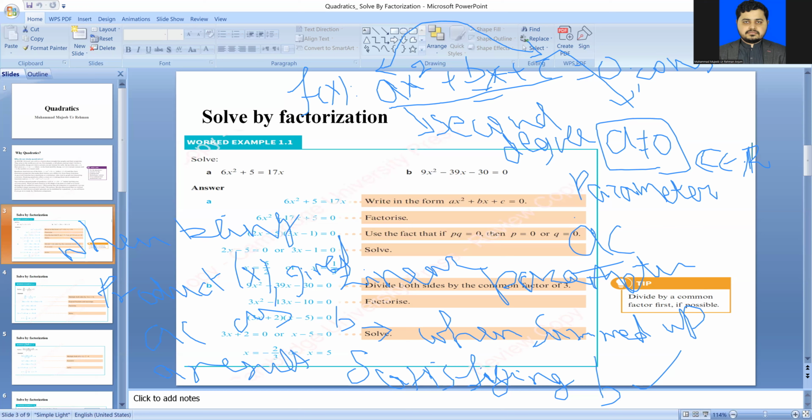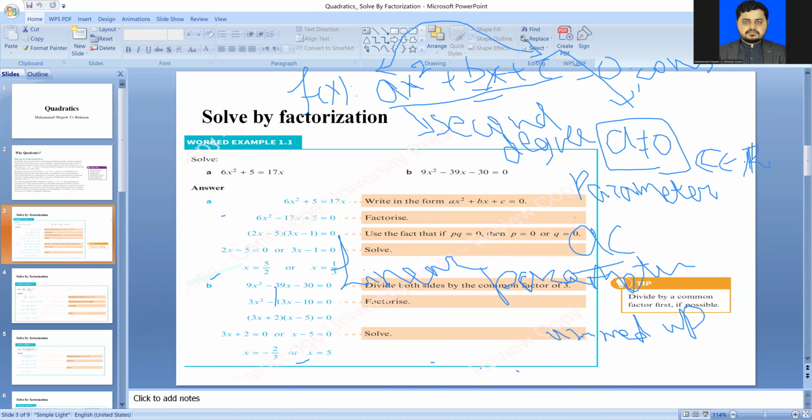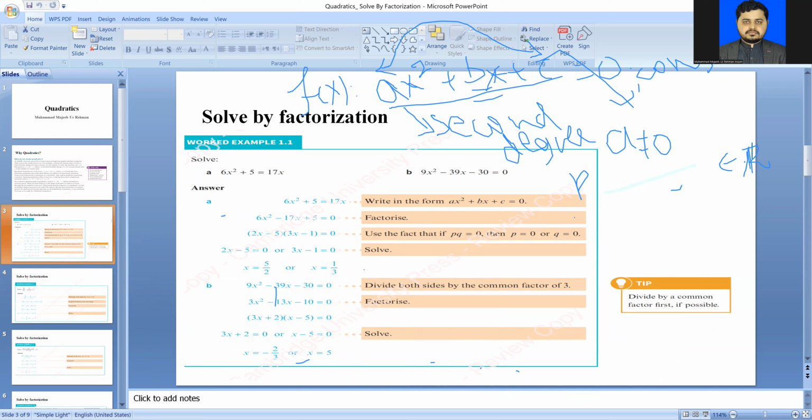This is the technique, and this technique provides us two linear factors equal to 0, and we can find the roots from those two linear factors equal to 0.